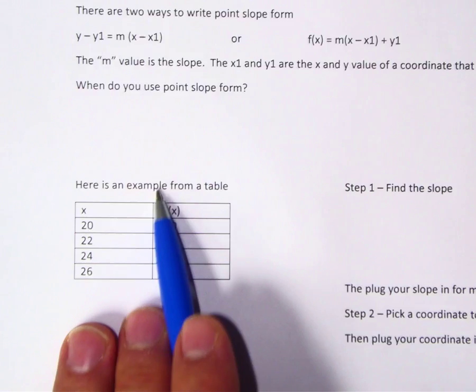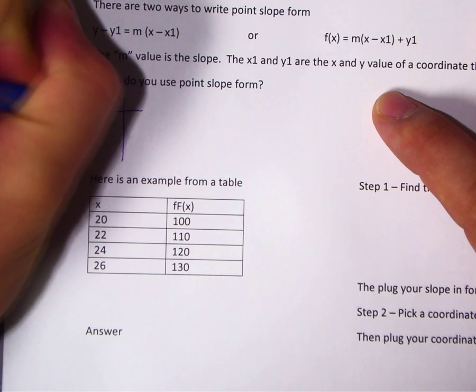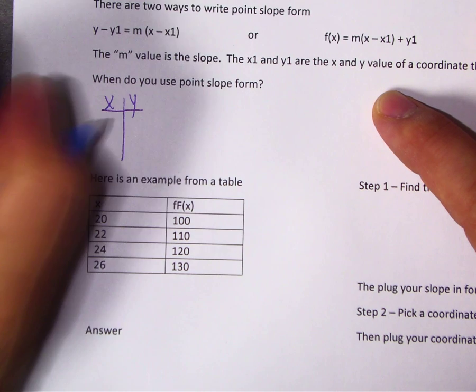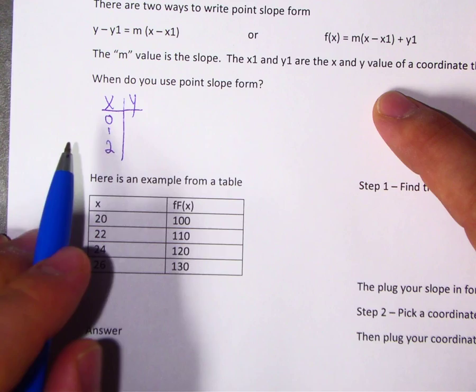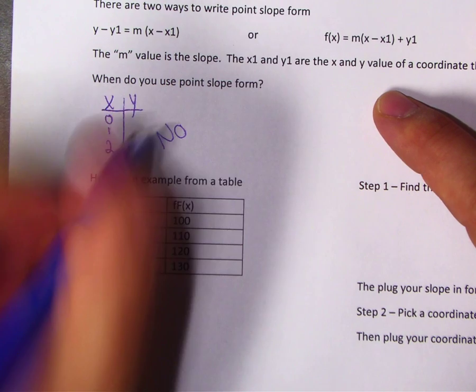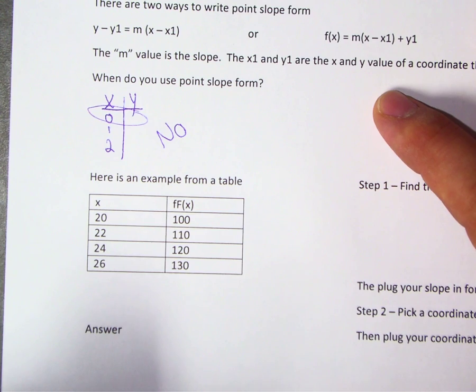Right? And then when would you use point slope form? If I were given a table like this, x, y, and it's 0, 1, 2, I don't even need to put the y values there. I would put no. Why? Because I know that I'm going to have my y-intercept there.